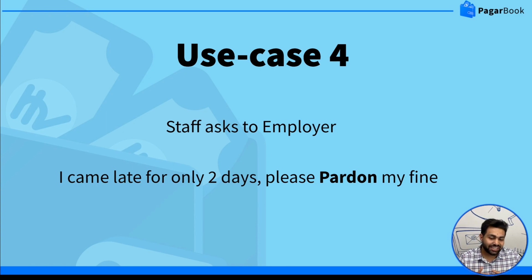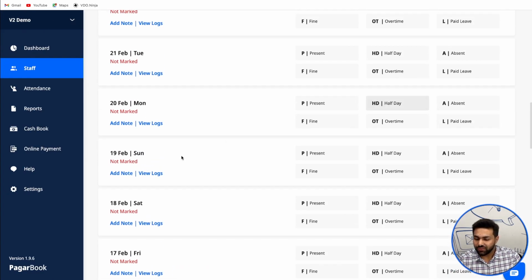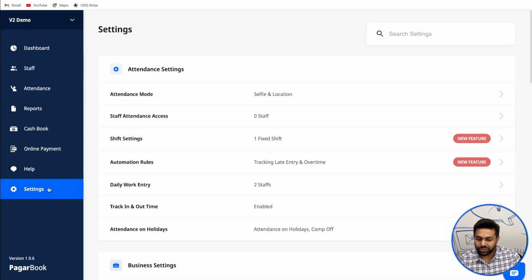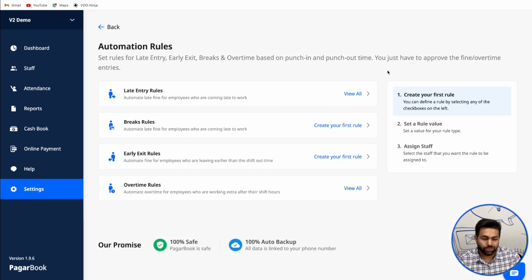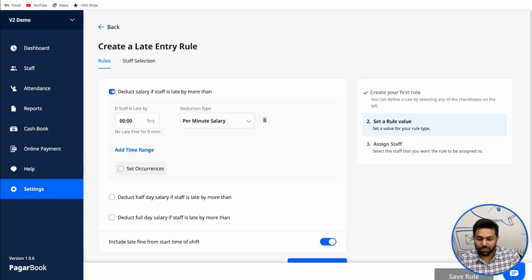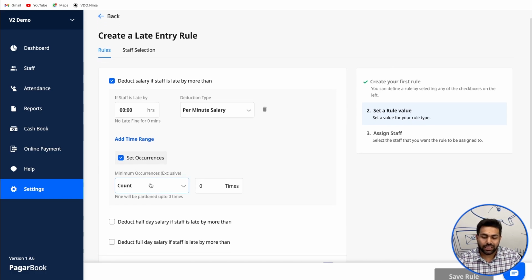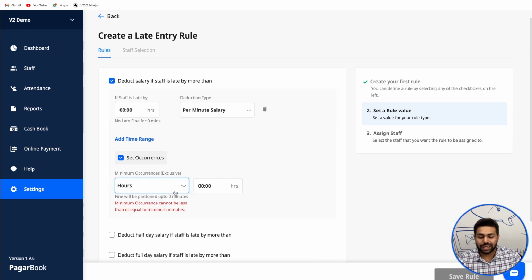So for such type of staff, we also do have a rule, a feature which I will show you in automation rules. Here there is an option, set occurrences. So here we will click on set occurrences, and here we do have an option, count and hours.